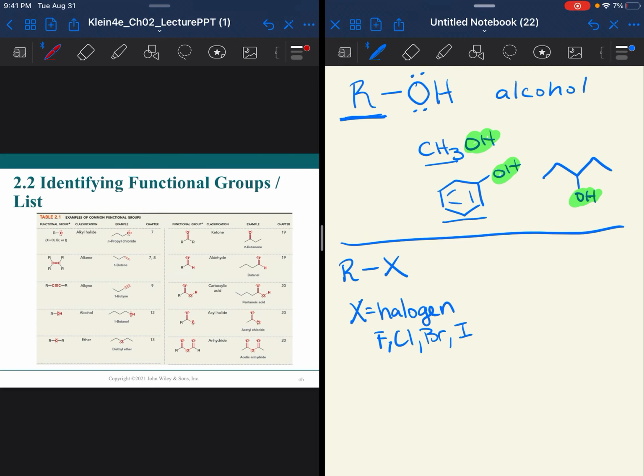Fluorine, chlorine, bromine, and iodine often behave very similarly. So we'll frequently see X if the chemistry is going to be similar for those four elements or some combination of those elements. This is an alkyl halide.